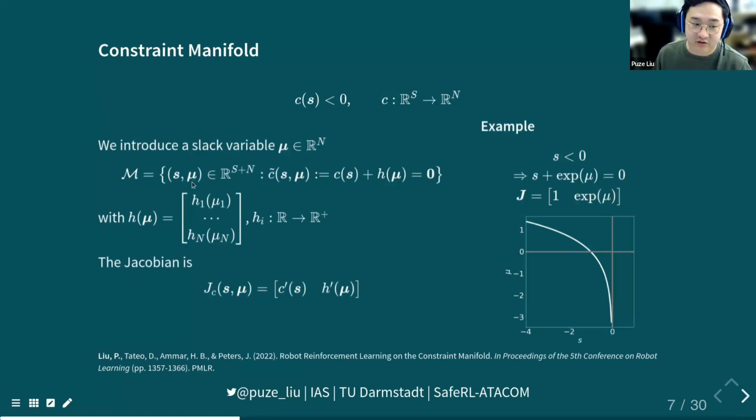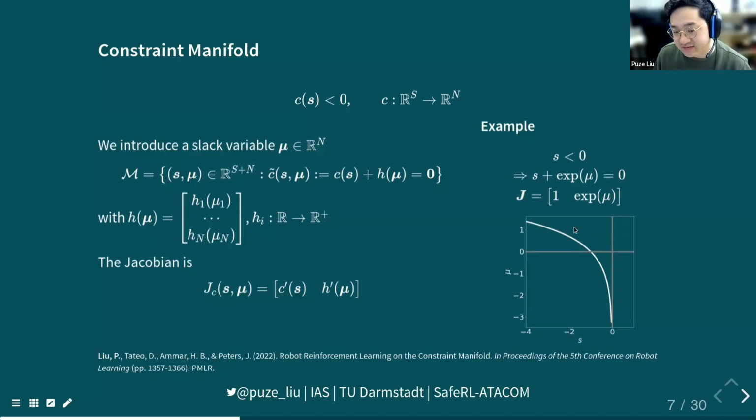In the original paper, we also chose a cubic or quadratic function, like s plus mu squared equal to zero, but this one actually converges to the zero point, which is not desirable, because this point can be problematic and it also causes ambiguity issues.